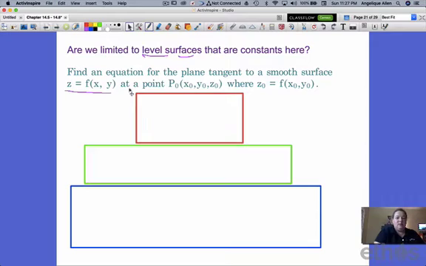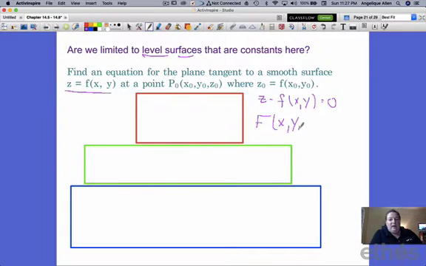Actually, that was a little too soon. So what we've got to realize is that I could rewrite this expression as z minus f of x, y equals 0. And now this is a function of x, y, and z. Notice I'm using capital F.